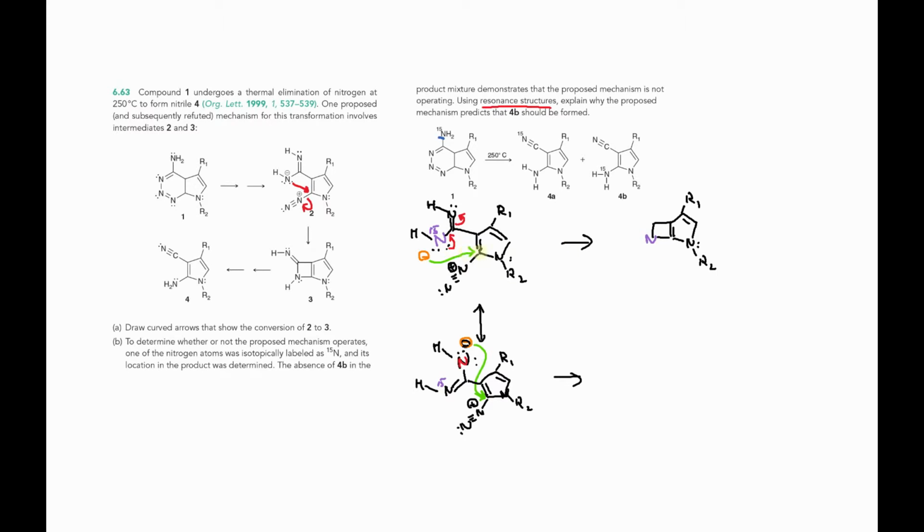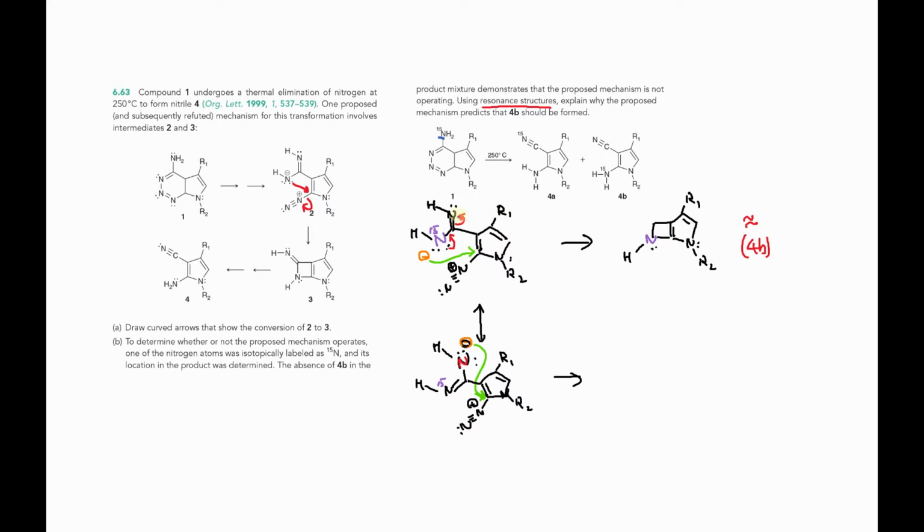So it came down, and disregard this leaving group, and this is what you formed. That's what you see in compound 3, and this resembles which one? Really similar to 4B, right? So I'm going to label 4B for now.